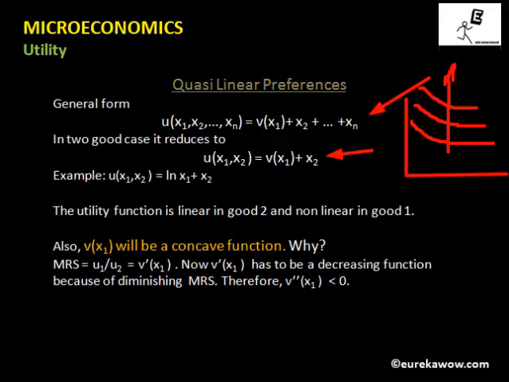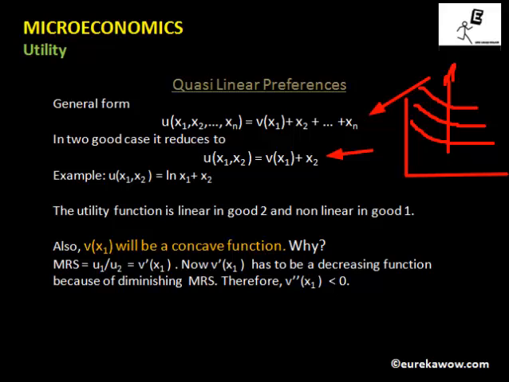Whereas if the utility function is linear in good 1 and non-linear in good 2, then the indifference curves will be horizontal shifts of each other. I repeat, if the utility function is linear in good 2, then they are vertical shifts, and if the utility function is linear in good 1, then the indifference curves are horizontal shifts of each other.